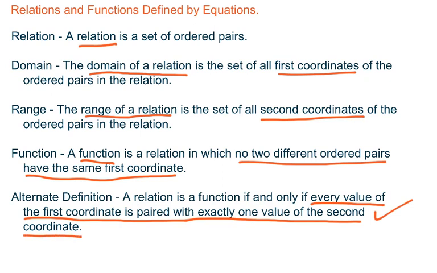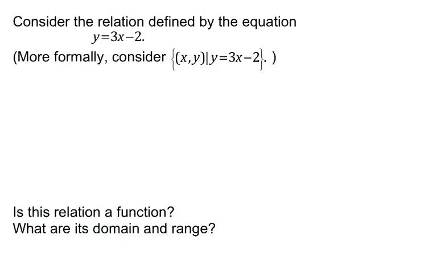With that said, let's take a look at what we mean by a relation defined by an equation. The wording you'll see in a book typically will be, consider the relation defined by the equation y equals 3x minus 2. However, that might be written in a little bit more formal way called set builder notation.